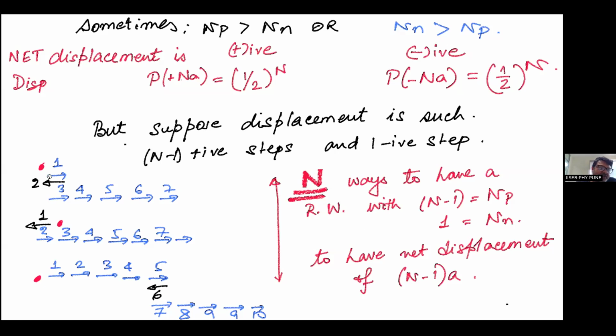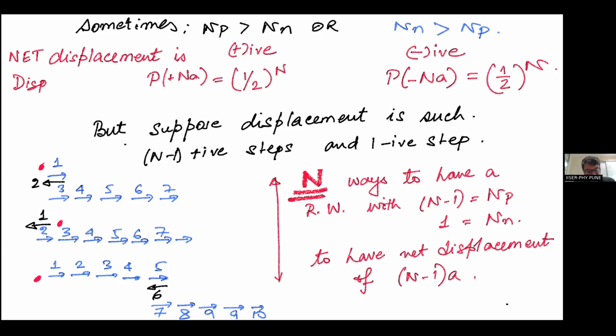Why is that possible? Because he can take the first step to the right, then the second step to the left, and that's the 1 step to the left, and thereafter he takes all steps to the right. So that's one random walk on a particular day. But on a separate day, he can take the first step to the left, and after that, n minus 1 steps he continuously takes to the right.